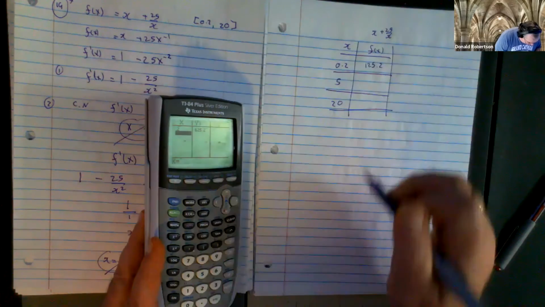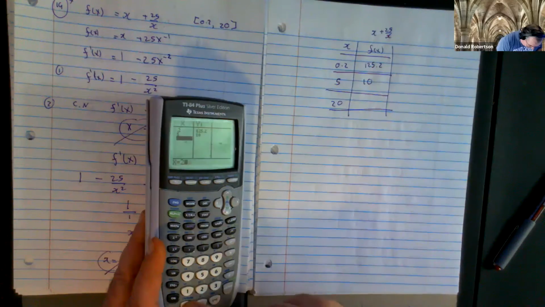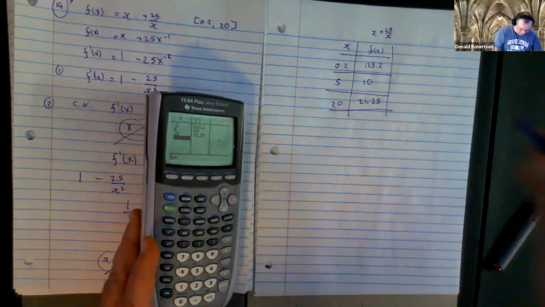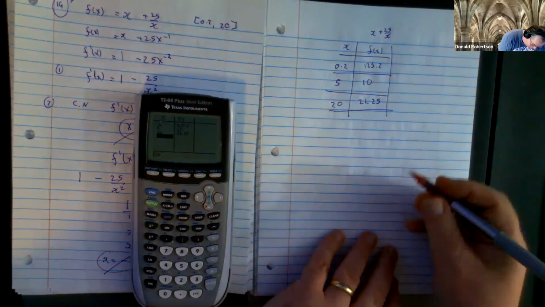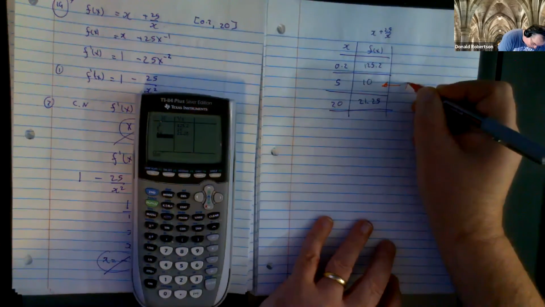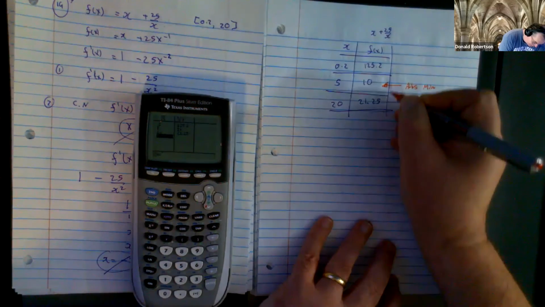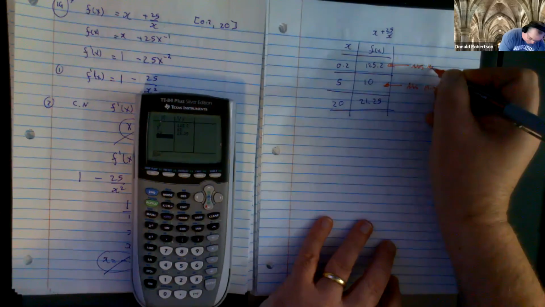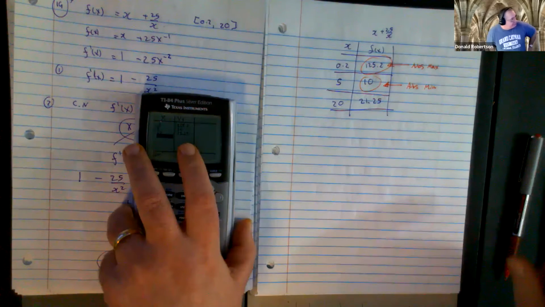Put in 5, get the answer 10, and put in 20 and get the answer 21.25. And looking at this table, that number there is the smallest. So there's the absolute minimum. And this one here is the biggest. And so there is your absolute maximum. And these are the two numbers that you would put in WebAssign.